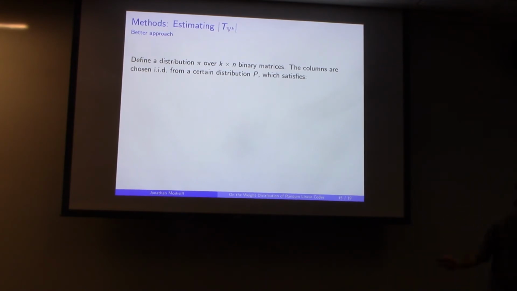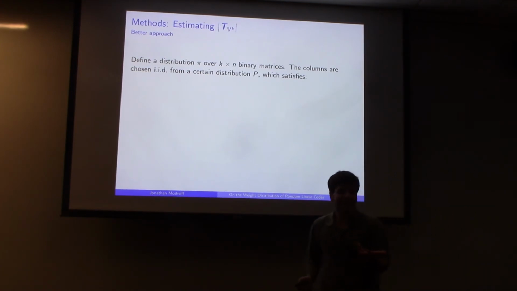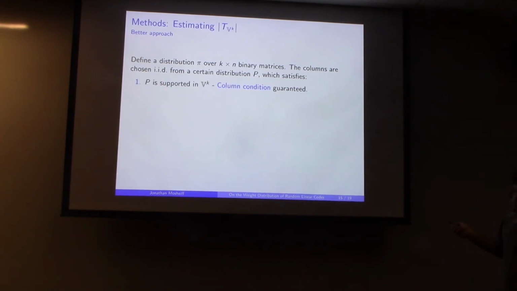So instead, we're still randomly taking columns, but we take them from some distribution which makes it pretty likely that we're going to get the type of matrix that we need. So we define some distribution P, which is first supported on even weight vectors, so that the columns are all of even weight.